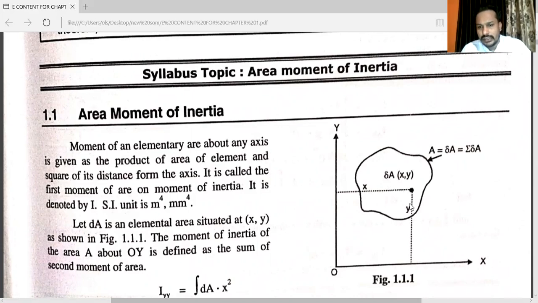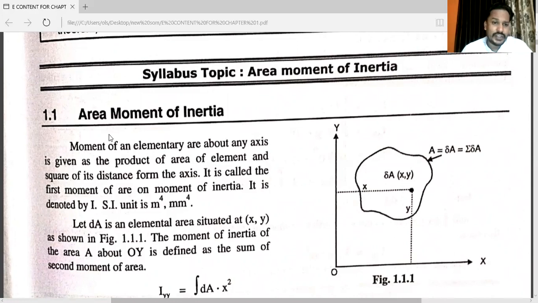See, this is the vertical distance, that is Y. You see, this horizontal distance is X and this vertical distance is Y. Horizontal distance is from the vertical axis OY and vertical distance is from the horizontal axis OX. So you can see here, these are the coordinates X and Y.